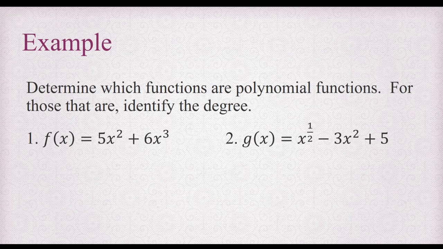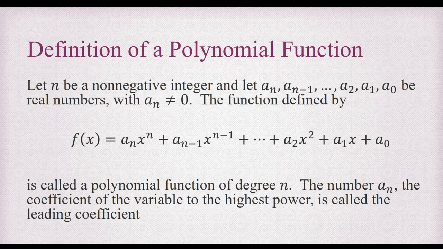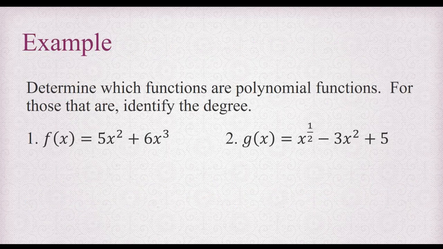All right, so we're going to determine which functions are polynomial functions, and then for those that are, we're going to identify the degree. So to be a polynomial function means that we are dealing with all of these numbers. We're looking at variables, we're looking at exponents of those variables. So determining which one is a polynomial function.